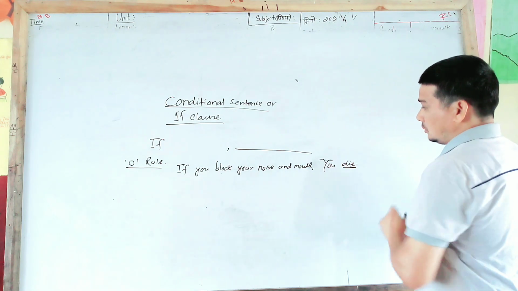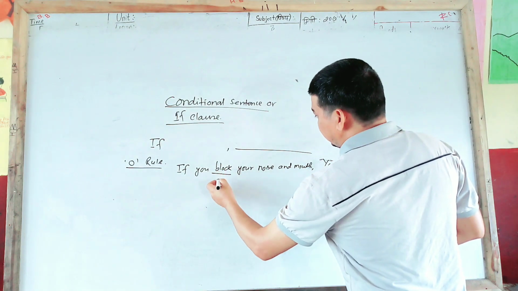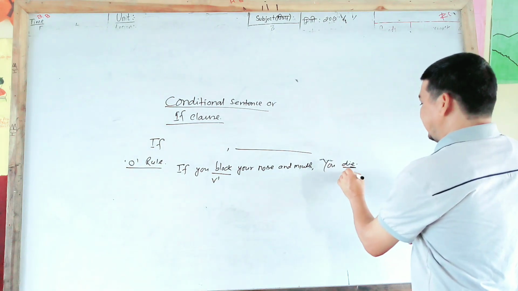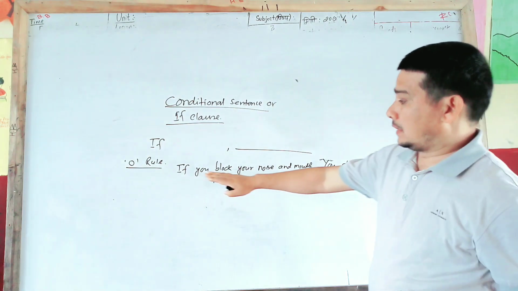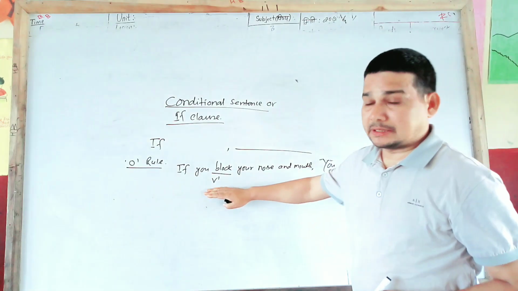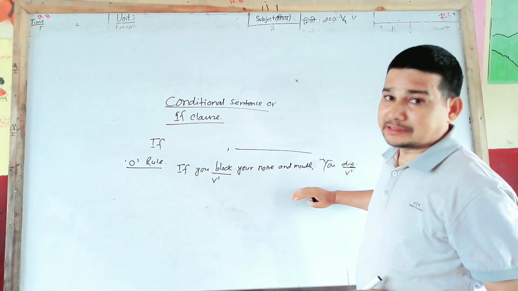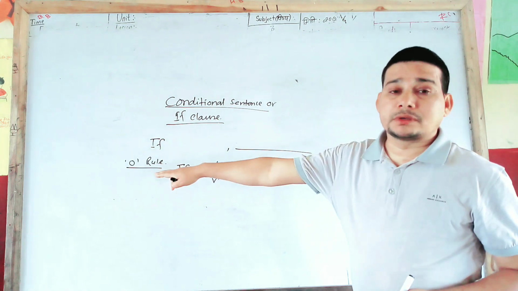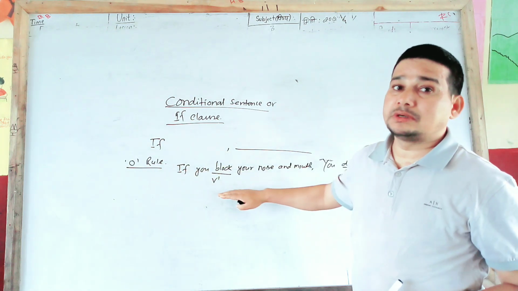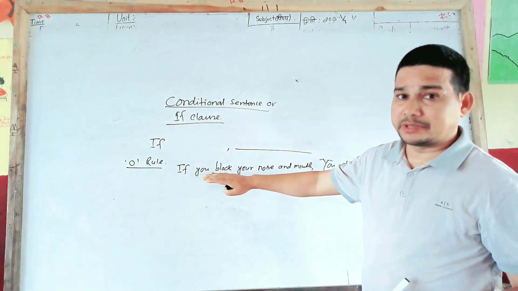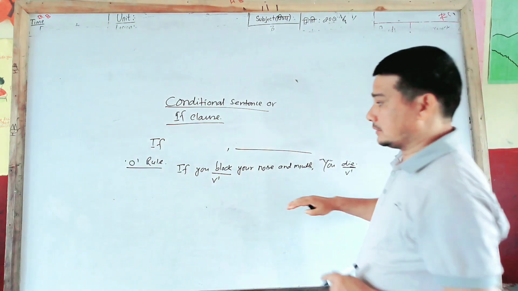Okay, so block is V1 and die is also V1. So here is simple present tense and here is also simple present tense. So no change is there. That's why it is called the 0 rule, and it is also called the cause and effect rule. Somewhere you can find it as cause and effect.